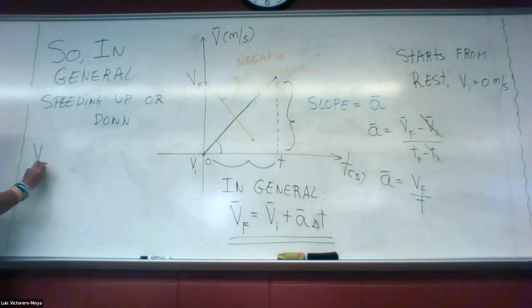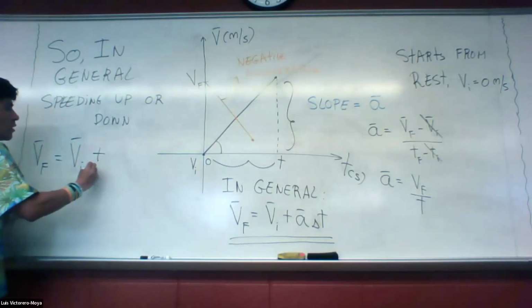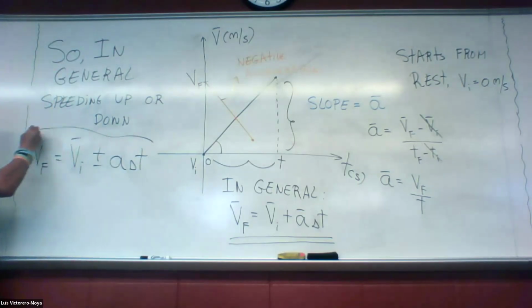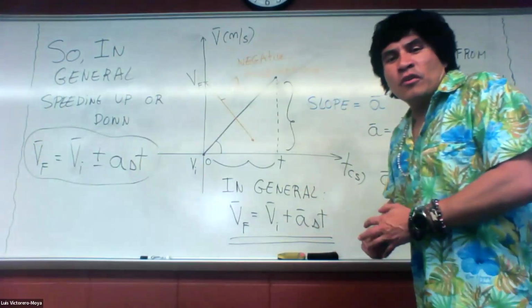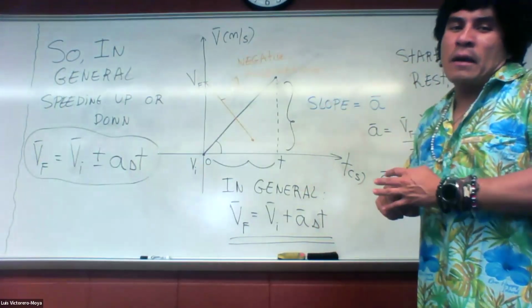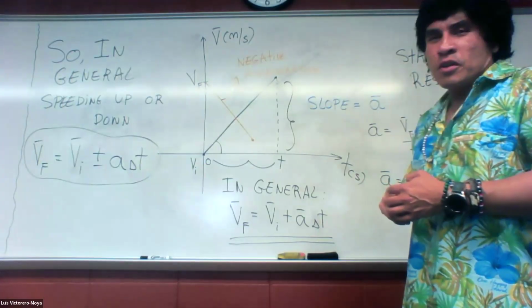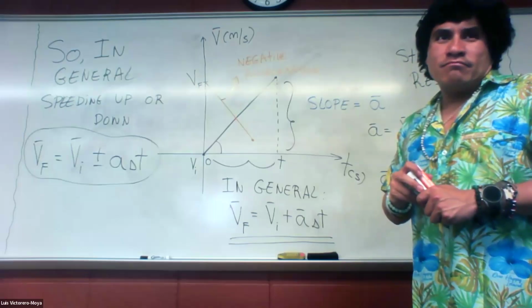Your final velocity is your initial velocity plus or minus acceleration times time. You use minus when you're slowing down. You use plus when you are accelerating, when you're speeding up. Okay? So that is your equation. That is when there is acceleration.